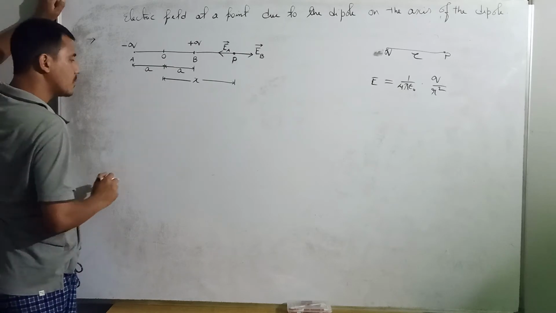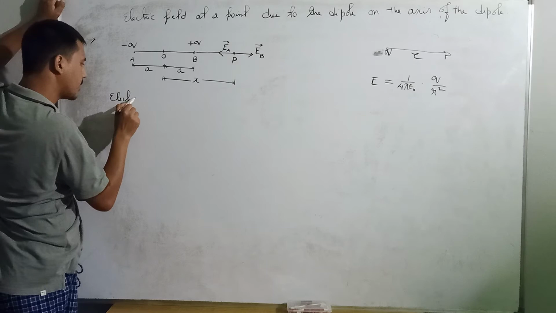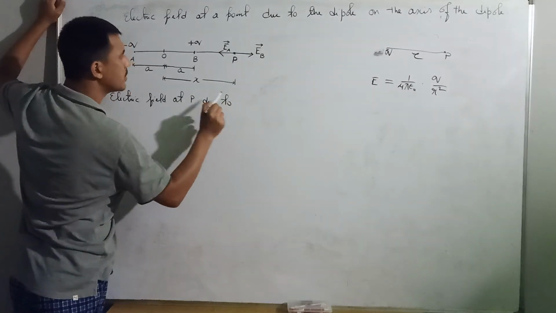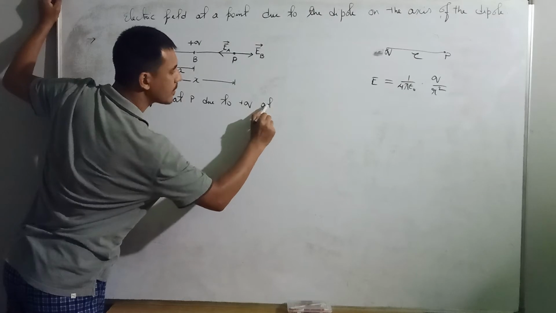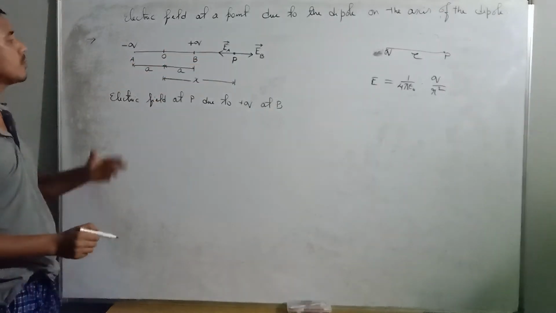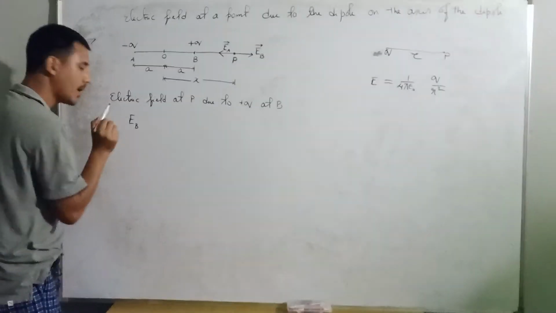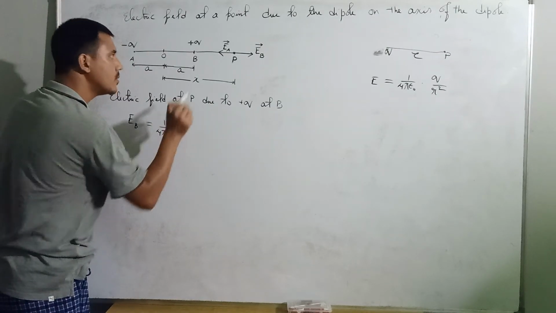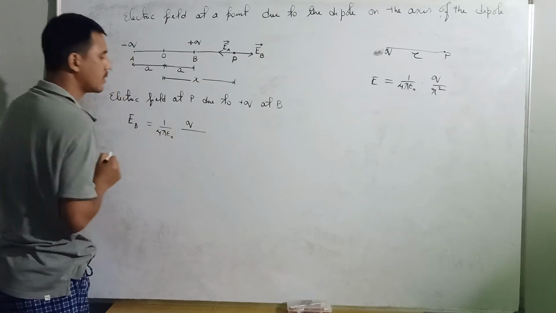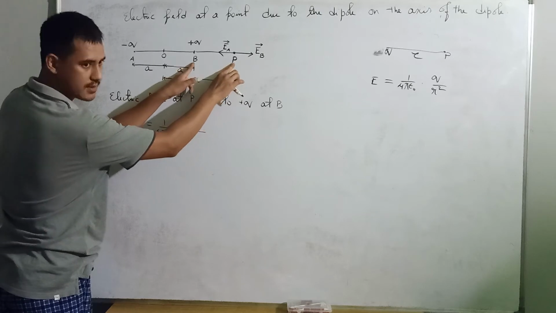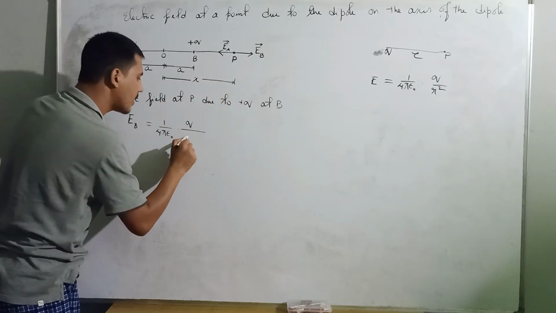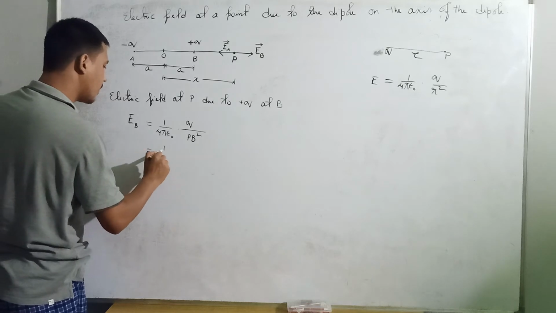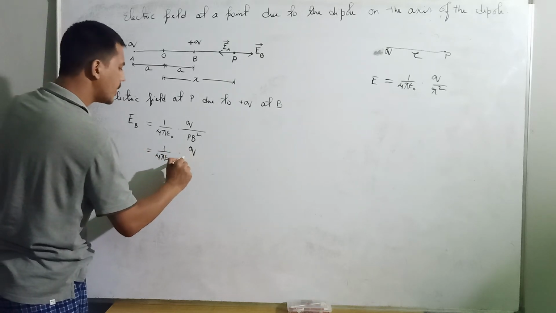Then the electric field at point P due to plus Q at B, EB, I'm finding only the magnitude, will be given by 1 by 4 pi epsilon naught into Q upon PB squared.